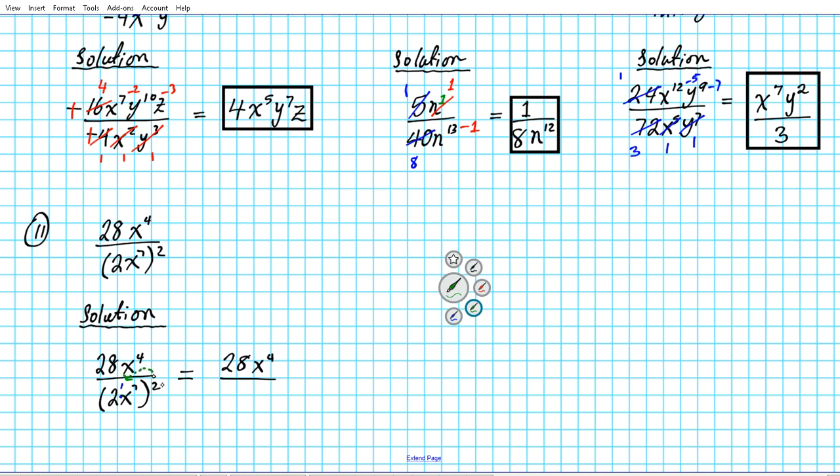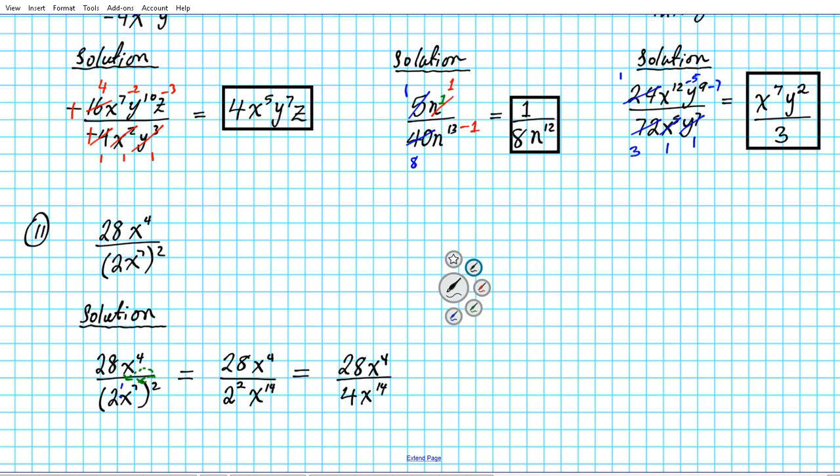And then this 2 will also get multiplied by the 7. Okay? So that will become 2 raised to the first power, 2 raised to the second power, x raised to the 2 times 7, 14th power. Okay, so you're multiplying the powers. Let's simplify that. We have 28x to the 4th divided by 2 squared, which is 4x to the 14th.